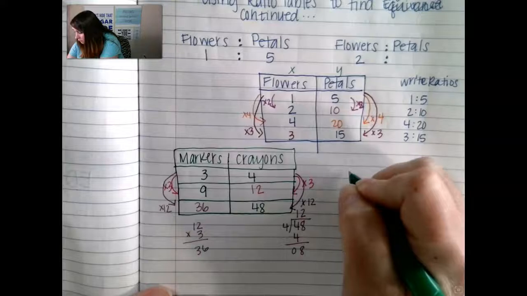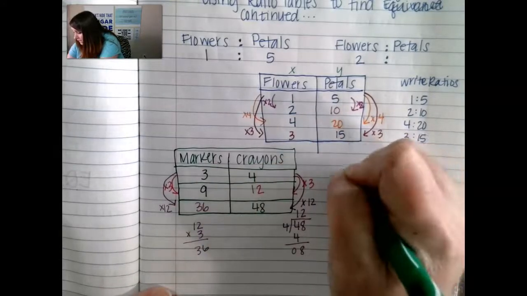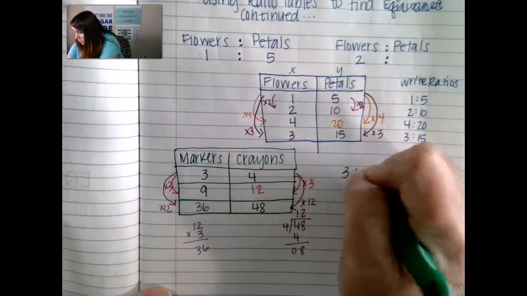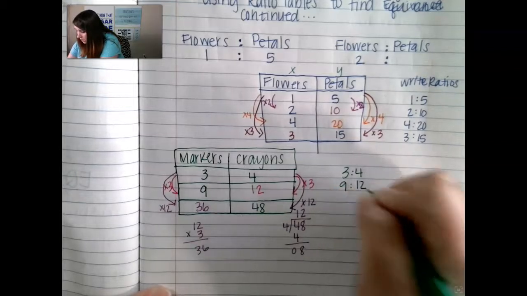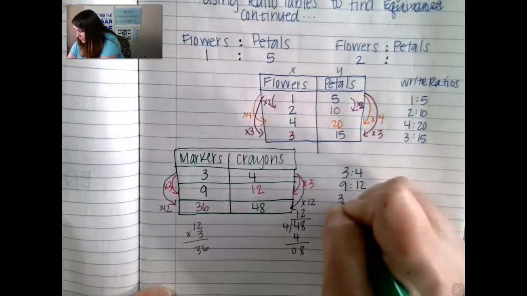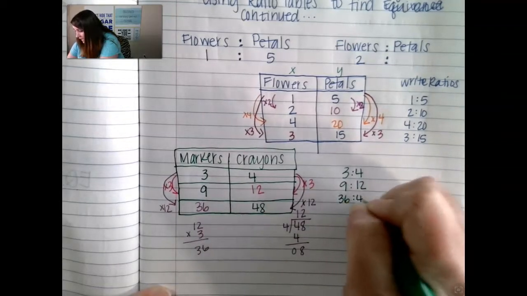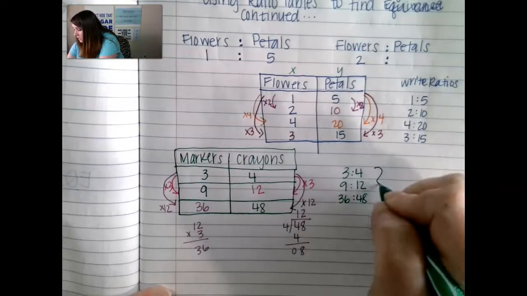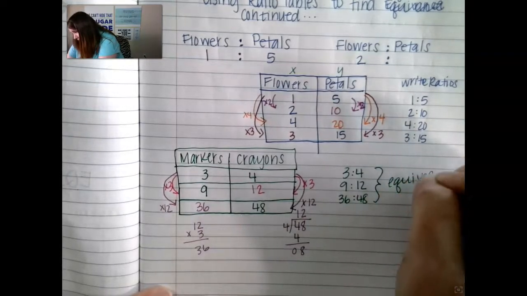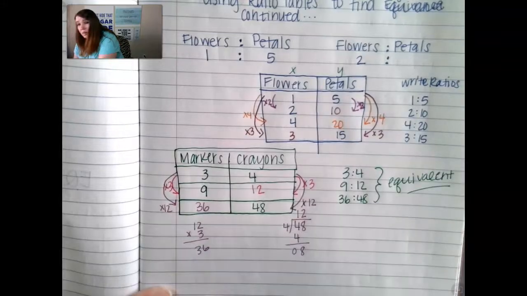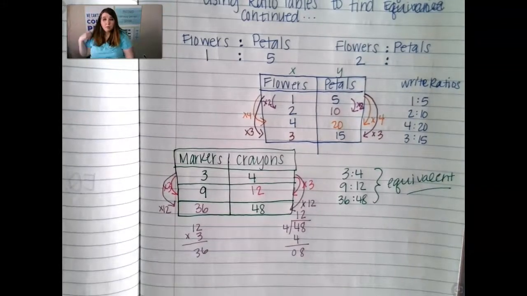So my ratio of markers to crayons is 3 to 4, 9 to 12, and 36 to 48. All of these are equivalent. They're all equal to each other.